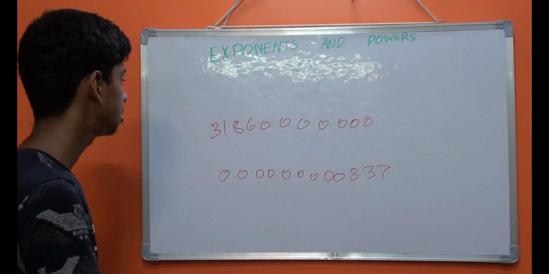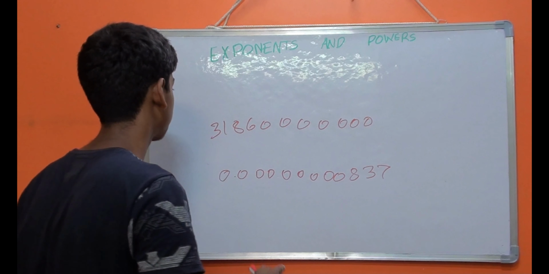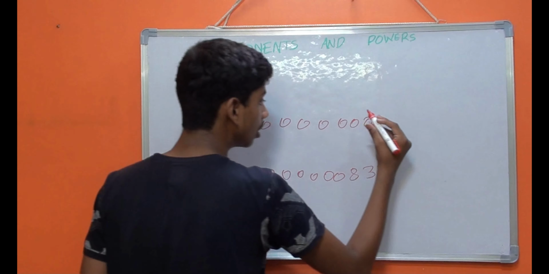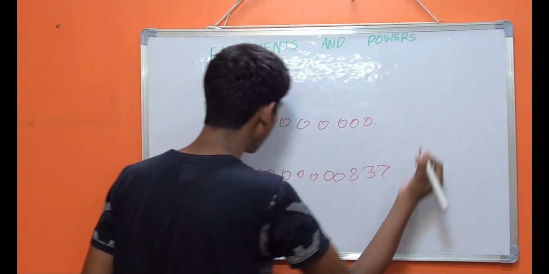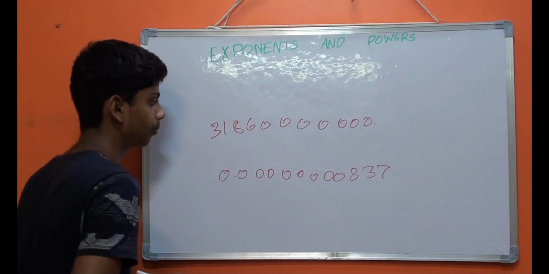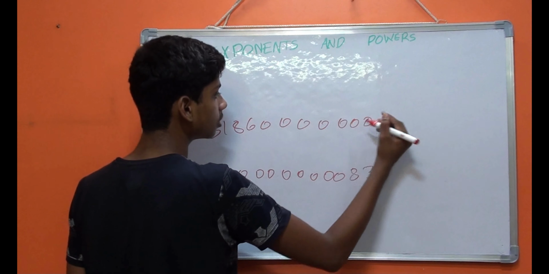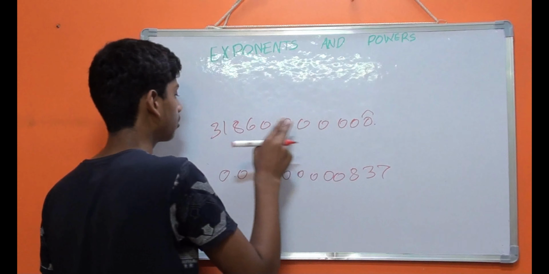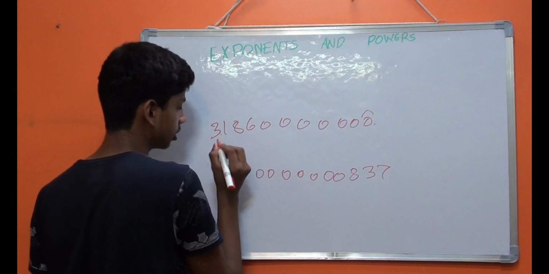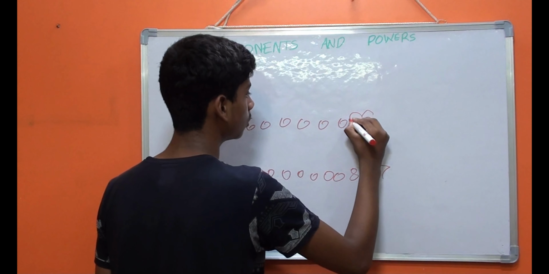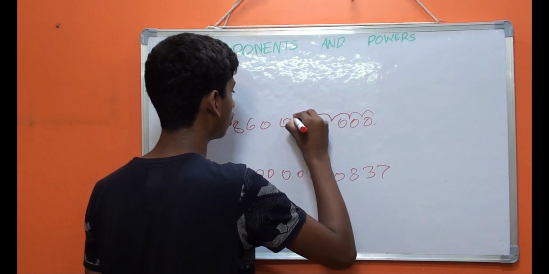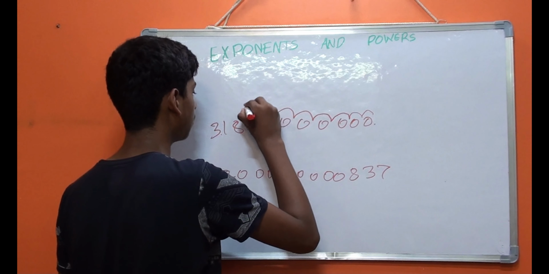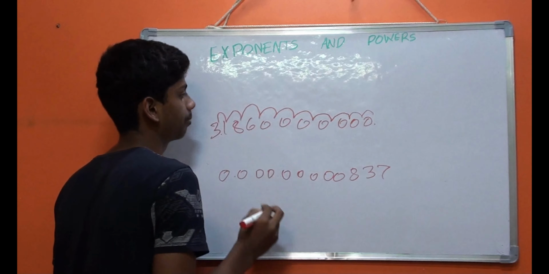So friends, here we have taken two questions in which the decimal point of one is over here and of the other is here. We first take the first question and count the number of zeros till we reach the single digit. So 1, 2, 3, 4, 5, 6, 7, 8, 9 and 10.